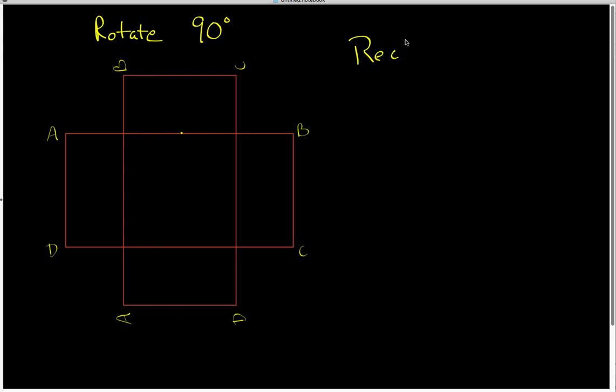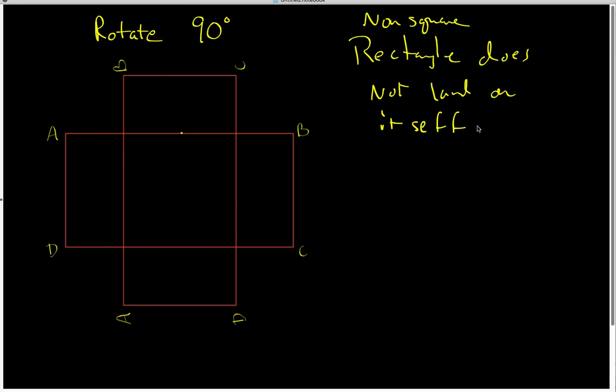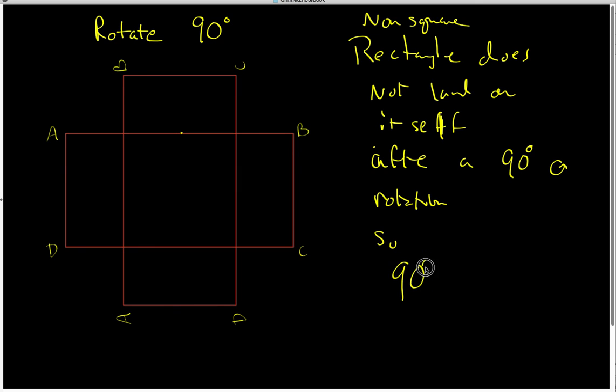So the rectangle, this is a non-square rectangle, does not land on itself after a 90-degree counterclockwise rotation. So 90 degrees counterclockwise is not a symmetry of a non-square rectangle.